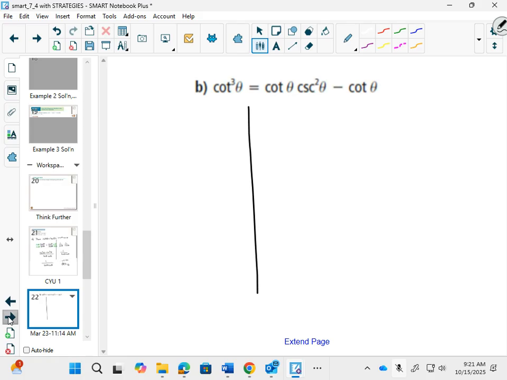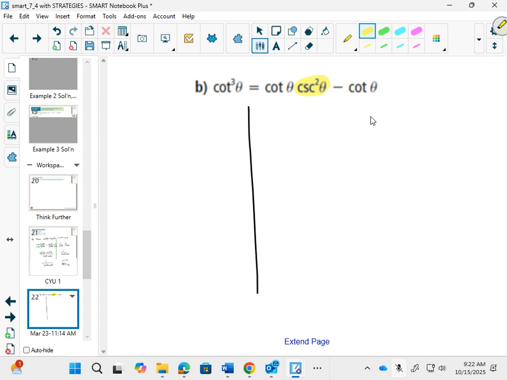If I look at this one, one of the things I notice is that I have only one thing squared. I'm going to highlight it here. This is the only thing that's squared, which allows me to use one of my Pythagorean identities if I wanted to. So I'm like, maybe that would be a good option. What could I change it to if I changed it? I could change the cosecant squared to cotangent squared theta plus 1.